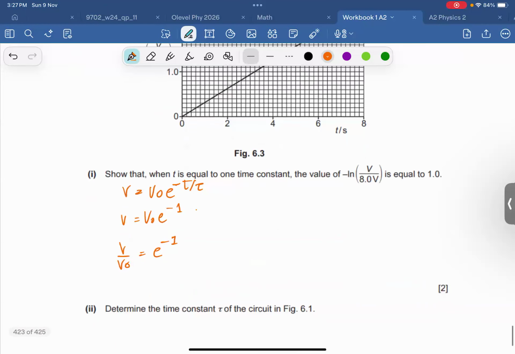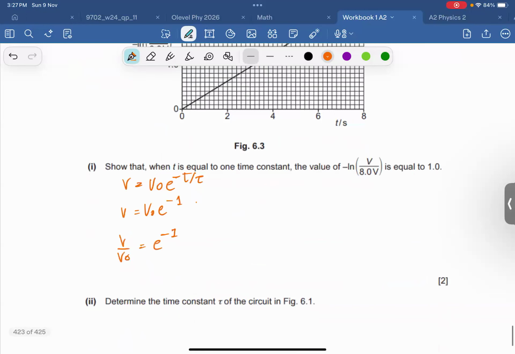If I put ln on both sides, I'll get ln V over V naught is equals to negative 1.